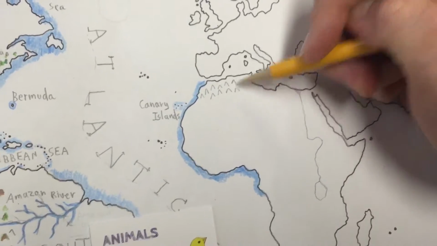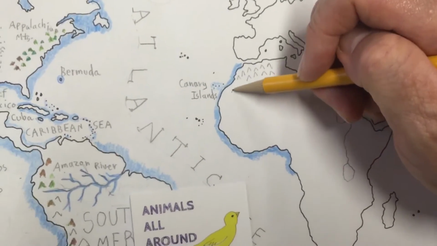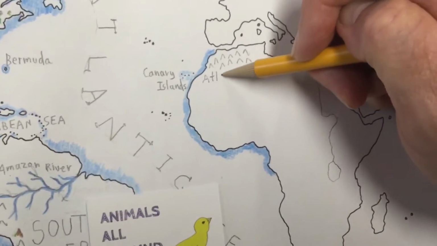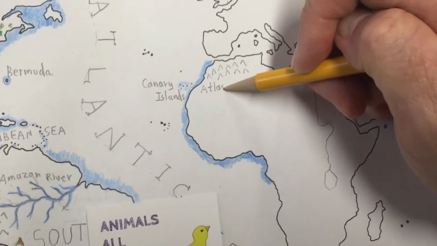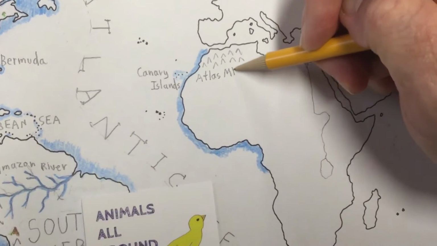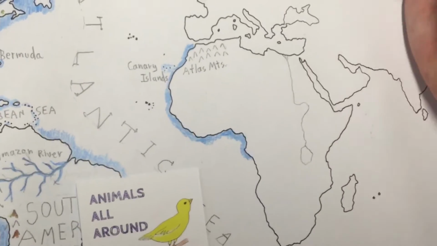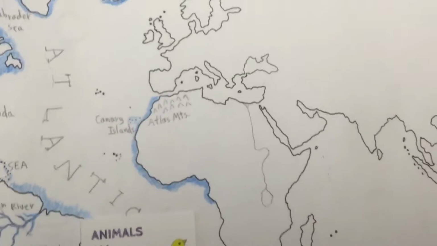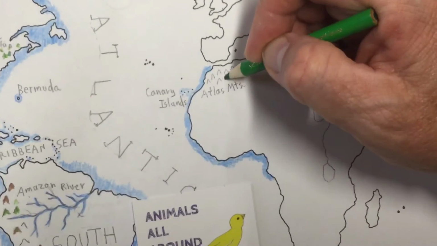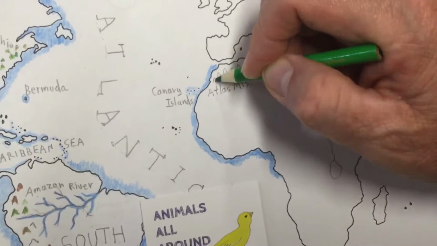And that was pretty easy. Those are the Atlas Mountains, and I think I'll write it just below. I'll abbreviate mountains, MTS. All right, and I have to add some color into those. You can, once again, use your green and browns, make those mountains stand out a little bit.